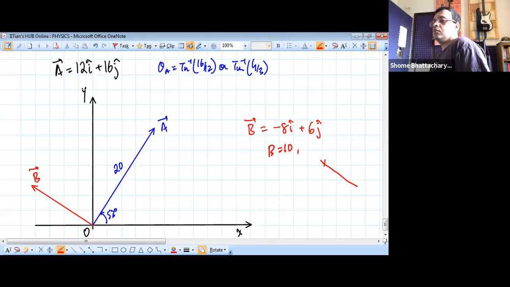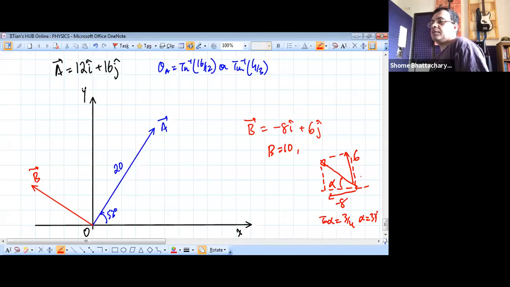But what about this angle it is making? Here, this is 8 in magnitude and this is 6. So if this angle is some alpha, you can see that tan alpha is 3 by 4. So alpha is equal to 37 degrees.